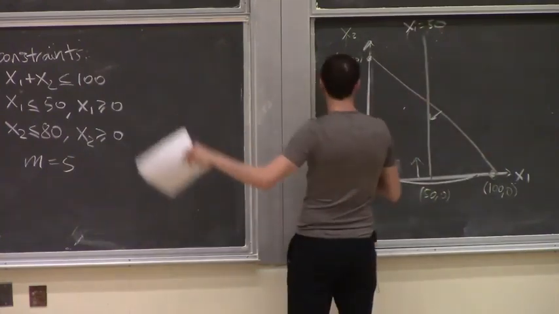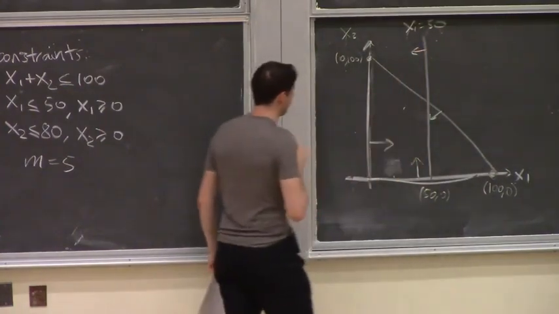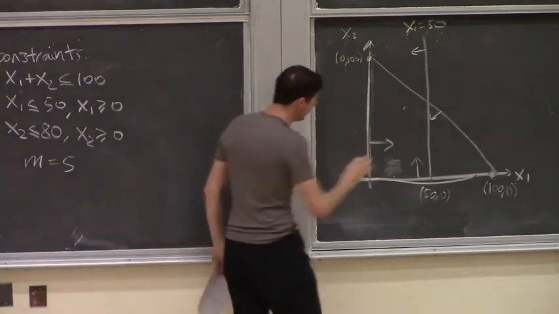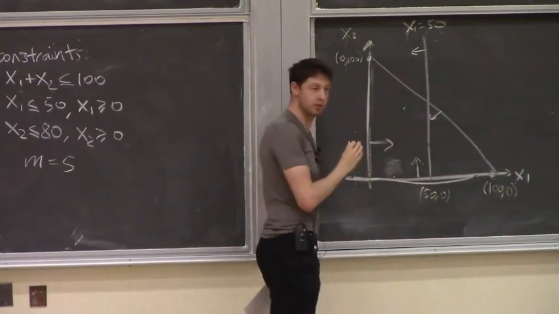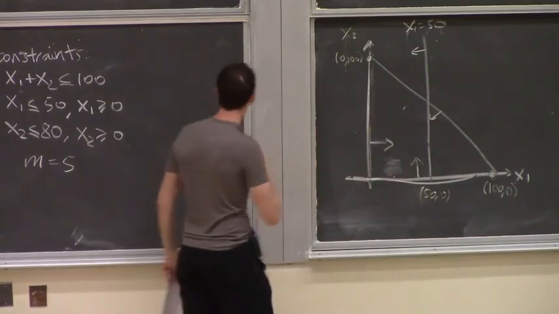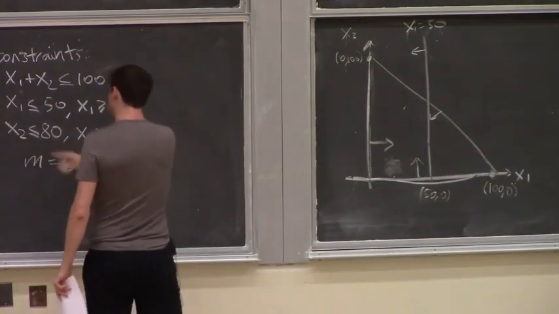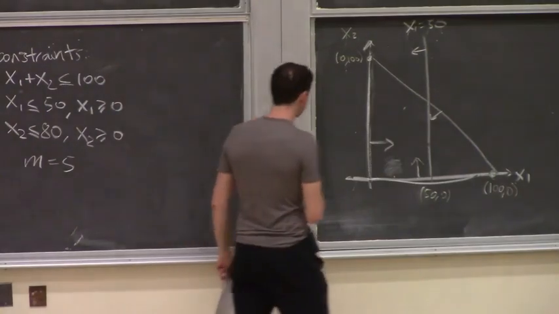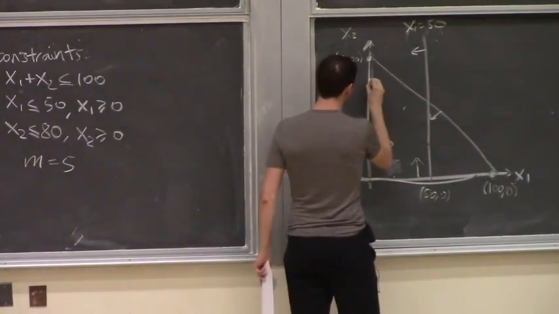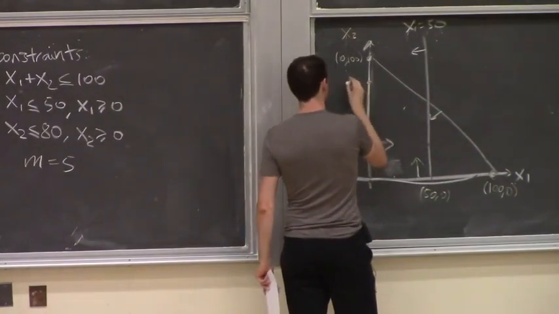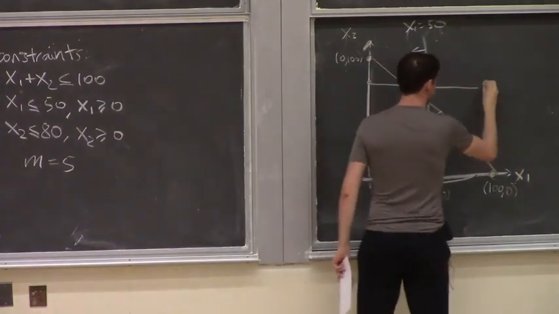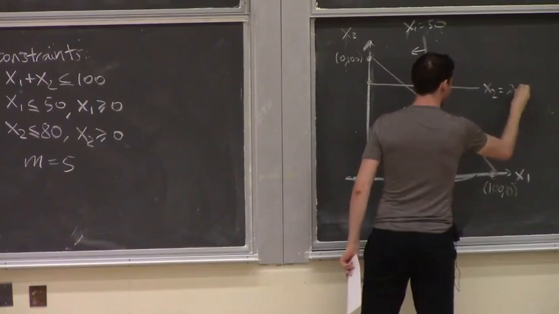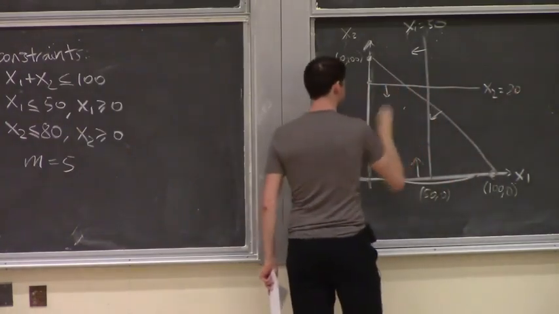And that constraint says, look on this side. So this region that previously was feasible, now it's not feasible anymore because we discarded it. And this last constraint, x2 is at most 80. It says, up here, draw a horizontal line, x2 equals 80, and consider things below it.